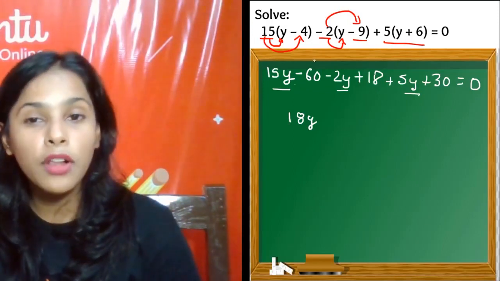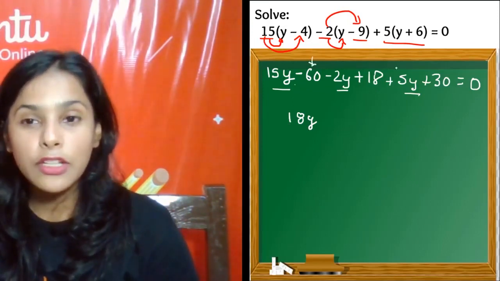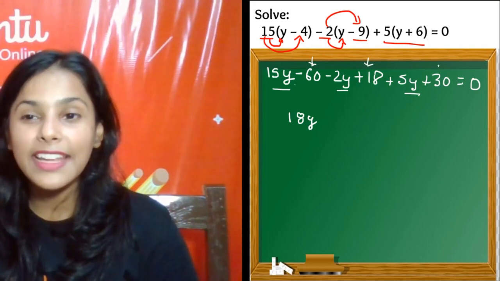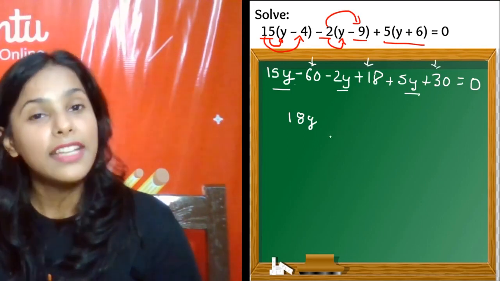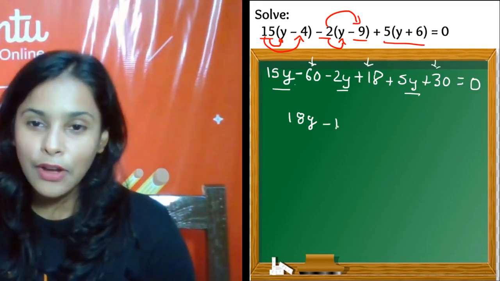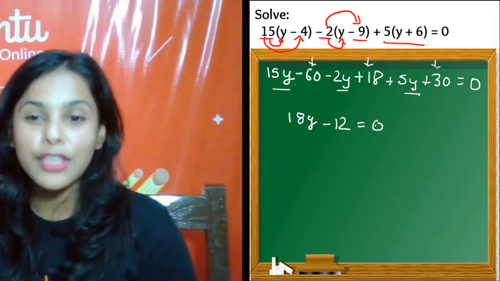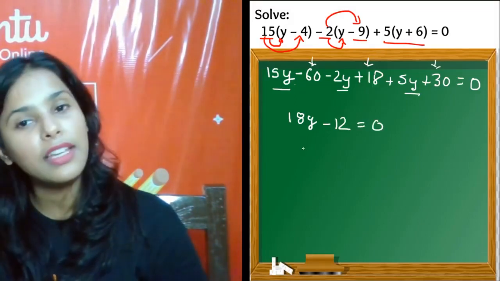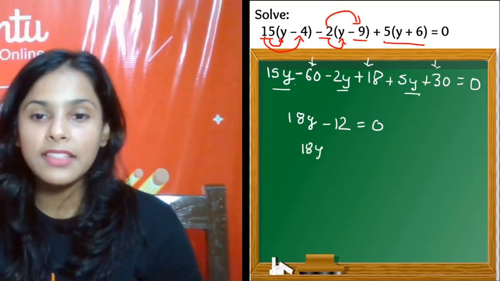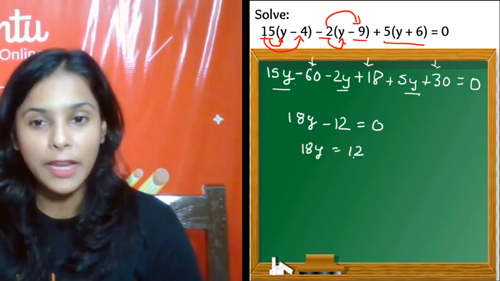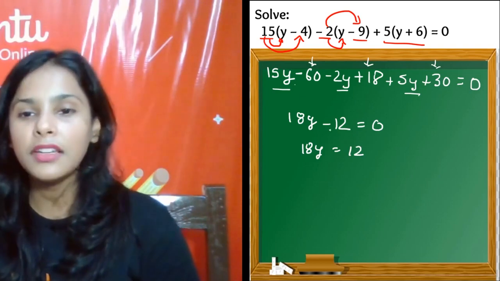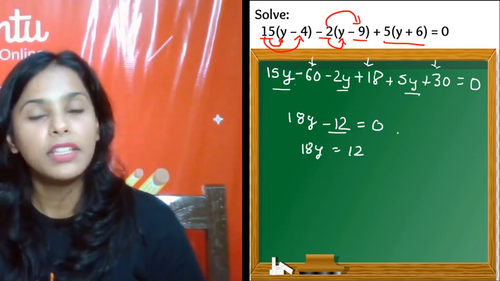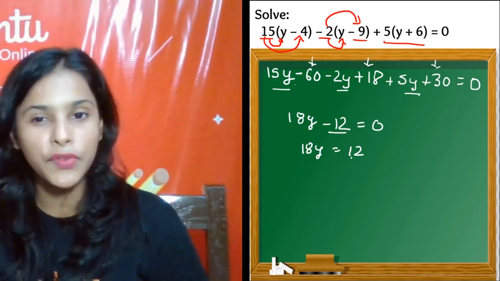Now the constants: minus 60, plus 18 and plus 30 gives minus 12, which is equal to 0. Taking the variables on one side and constants on the other, 18y is equal to 12, since taking the minus 12 to the RHS it becomes plus 12.